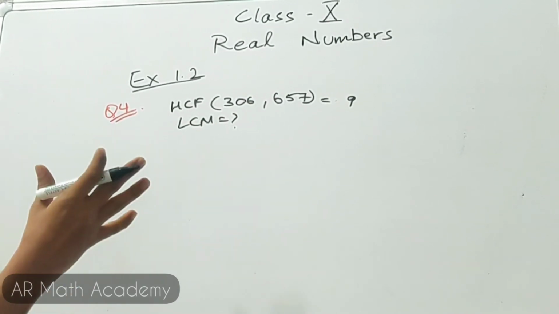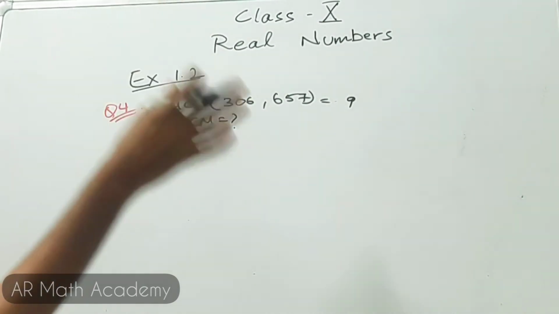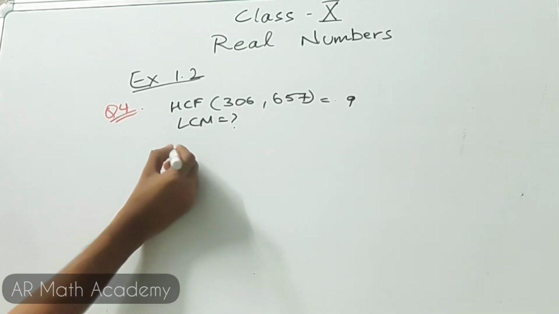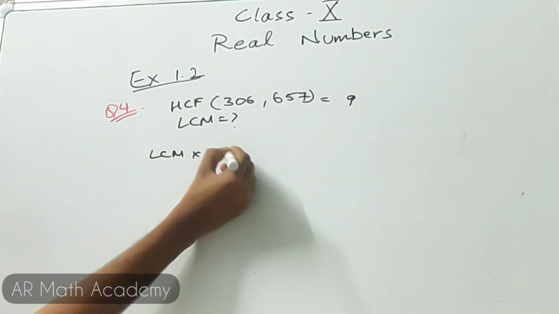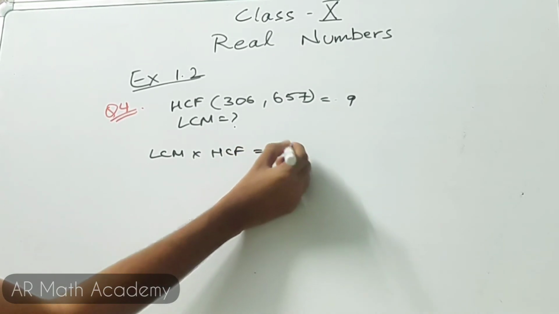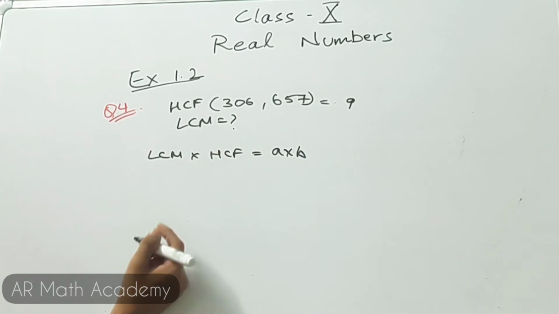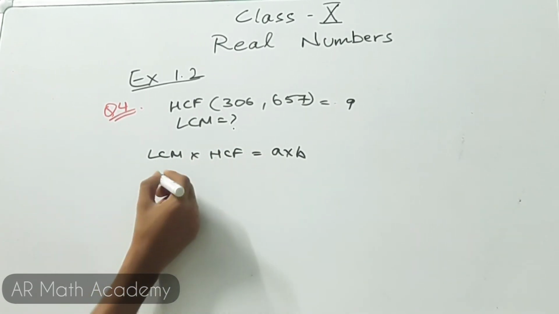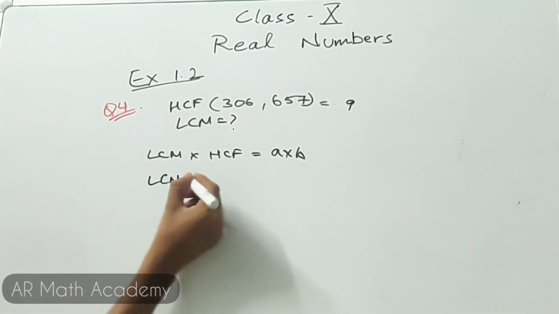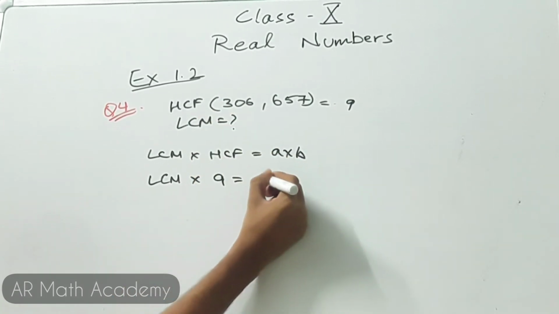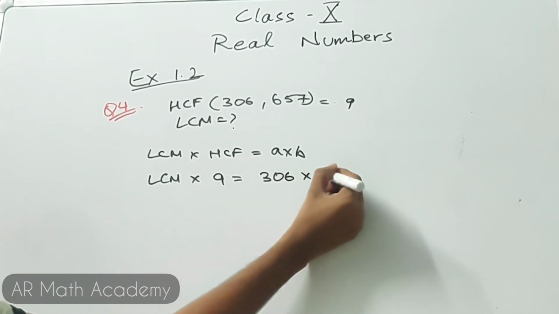Well, we have to apply exactly the same formula which we proved in the previous question. So LCM into HCF is equal to the product of these two numbers, A into B. Here A and B are these two given numbers. So HCF is 9, LCM is the unknown. So LCM into 9 equals the product of the two given numbers, 306 times 657.